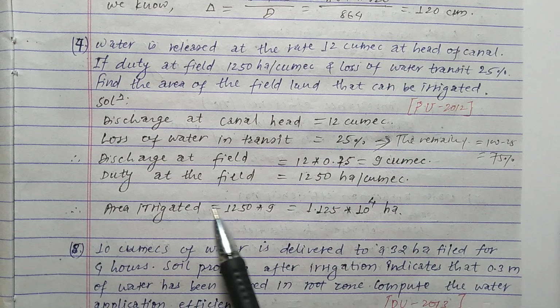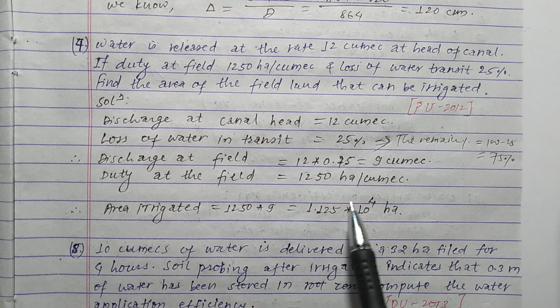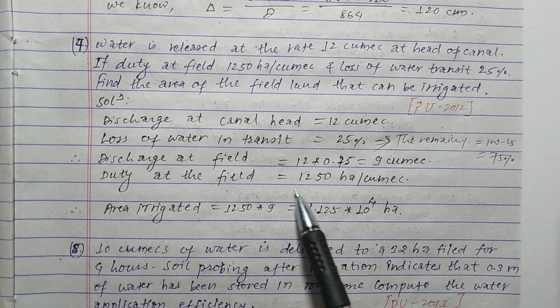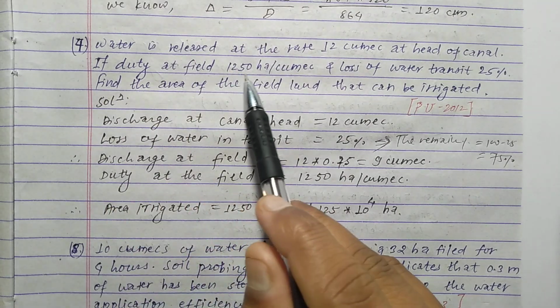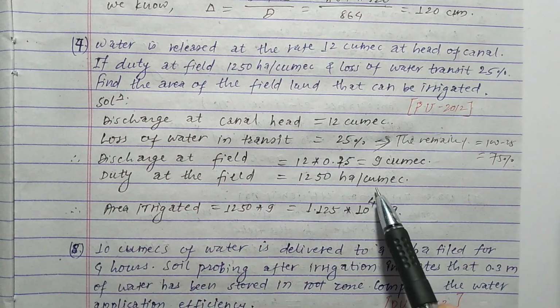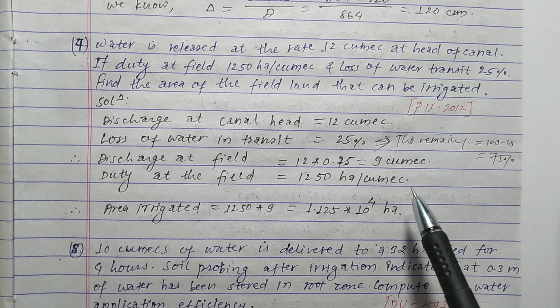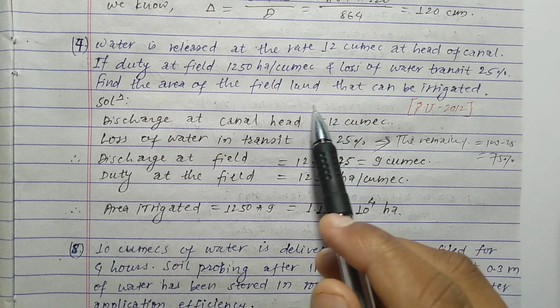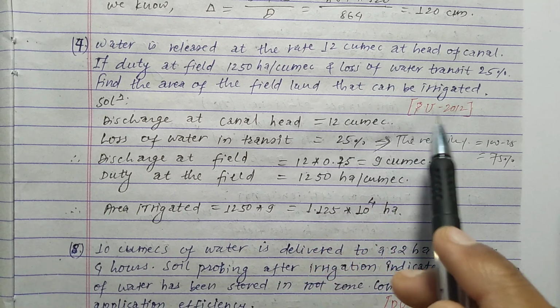Now we have to calculate duty at the field, and duty at field is already given in the question. You can see here duty at field is 1250 hectare per cubic. We have to calculate the area of field land that can be irrigated.